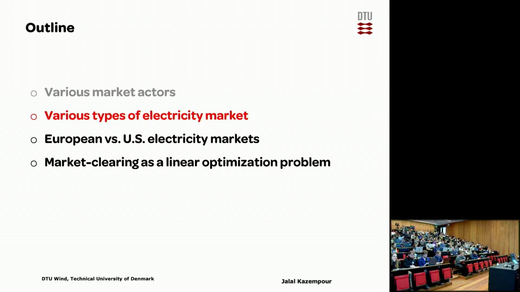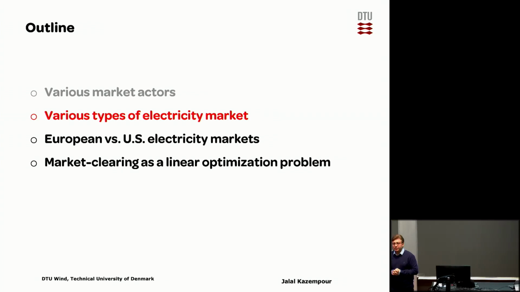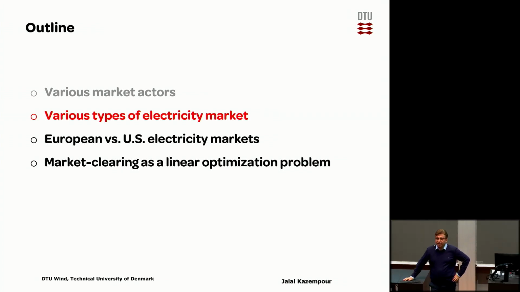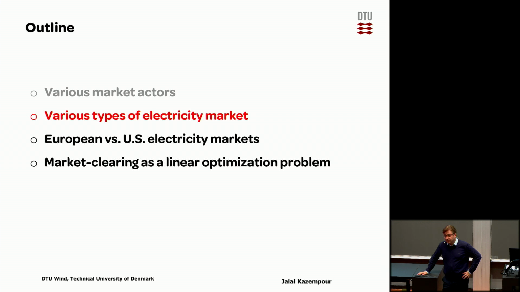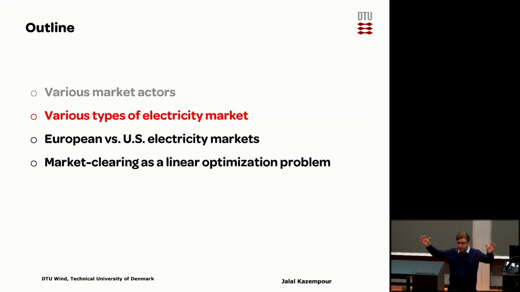Okay, yes. Can a power producer be a retailer? Can an entity be a producer and at the same time a retailer? Yes, they can, but there's a but. By Danish law, it's not possible. So what they do is that they can be under the same big umbrella of the company, but in different offices.